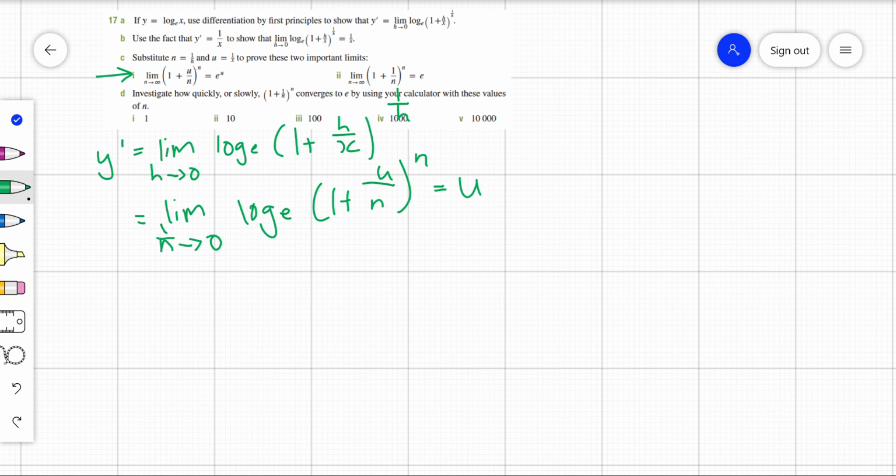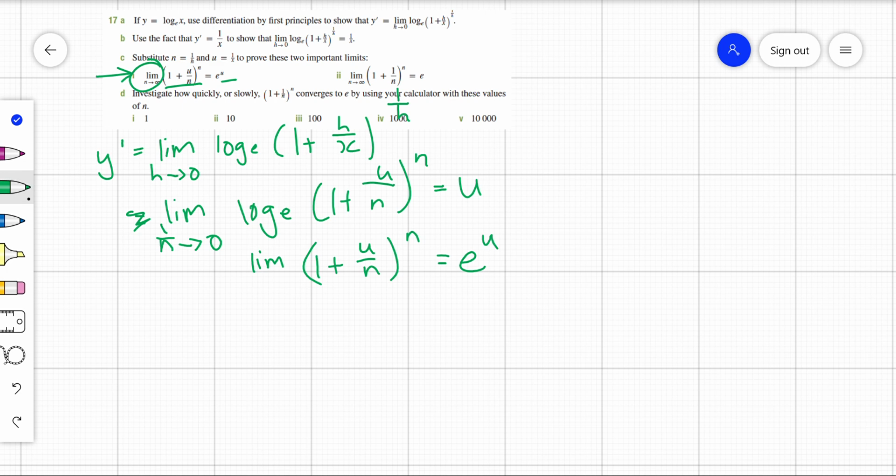Alright, so what we want to do is a couple of things. We want to get rid of log, so we want to exponentialize both parts, the left hand side and the right hand side. If I exponentialize both sides, I'll get 1 plus u on n to the n, and this side will become e to the u. So I'm just looking at the limit here. It was 1 on n going to 0.